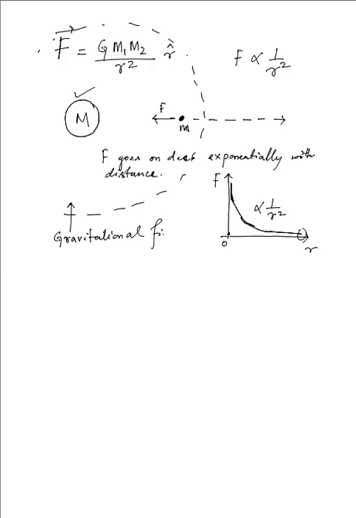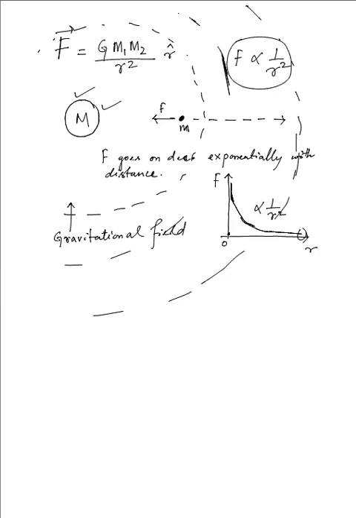Now, it's not restricted, of course. The blanket goes on and on. But the effect of this blanket, or the effect of the field of this given mass, goes on decreasing like this. As the distance increases, the value of the attractive force, or even the gravitational field, goes on decreasing in a similar fashion as the inverse of the distance squared.